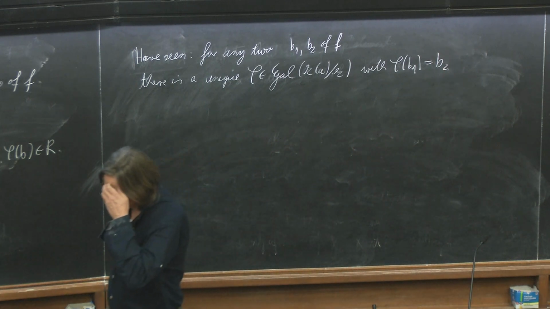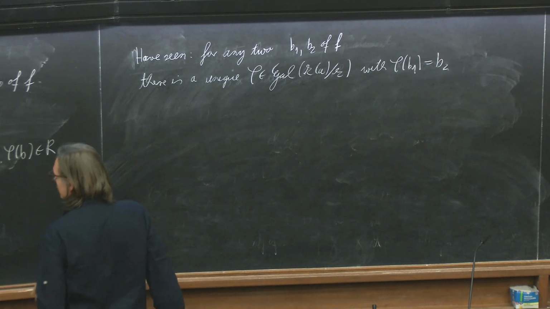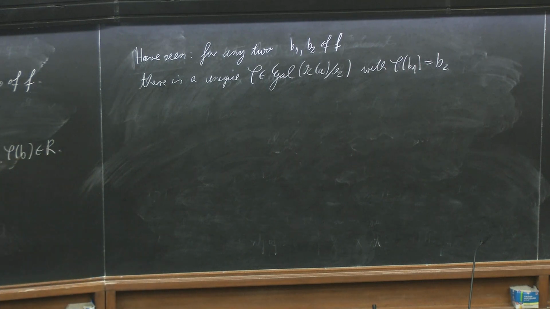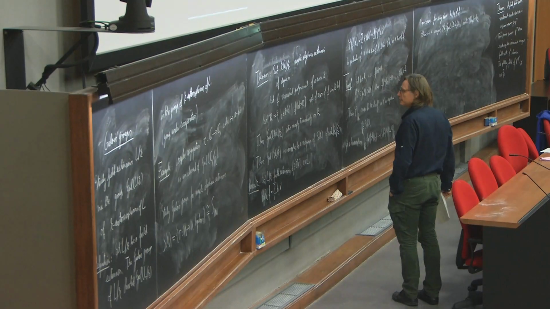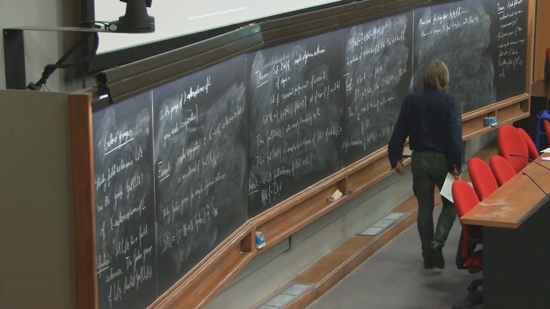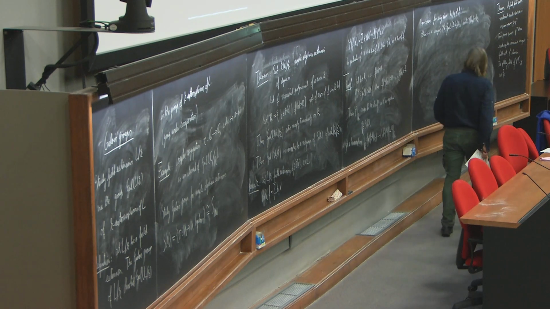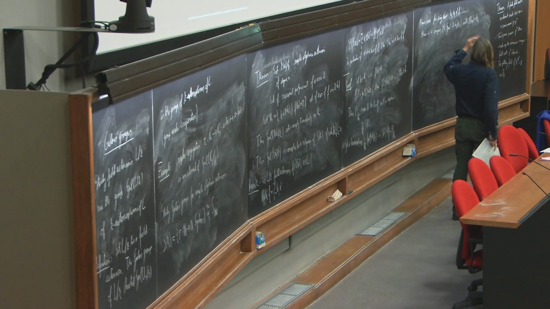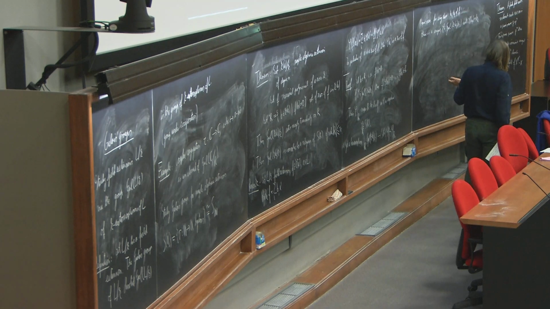The statement was that for simple algebraic extensions, for any two roots of the minimal polynomial of the element giving us the extension, there exists a unique extension of the identity on K which sends one root to another.